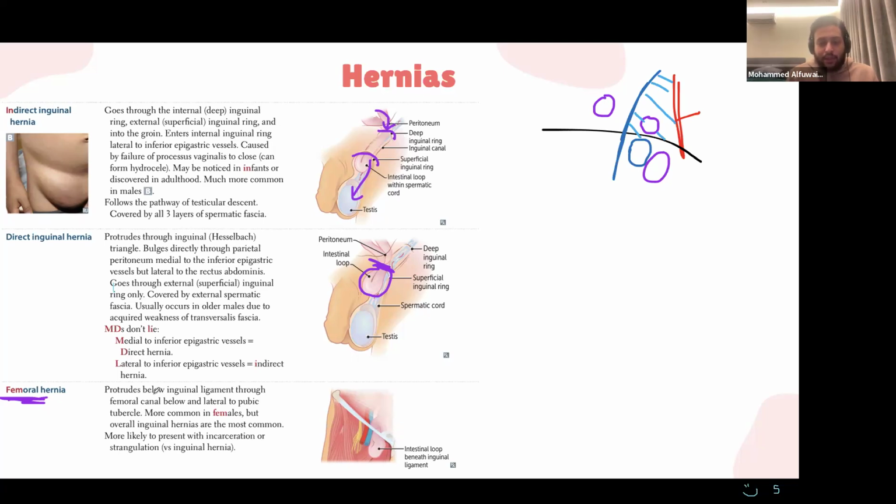This is what you need to know for your exam. Most likely you'll get one question. Someone who has a hernia lateral to the epigastric vessels, what hernia do they have? Indirect inguinal. A female who has a hernia below the inguinal ligament, medial to the femoral vein, what type of hernia do they have? Femoral. It's typically going to be questioned like this.